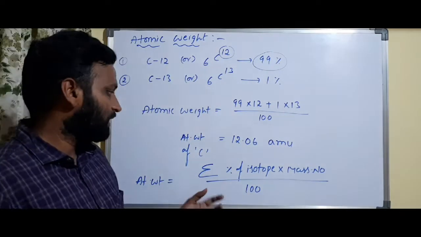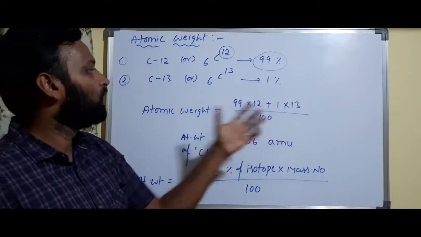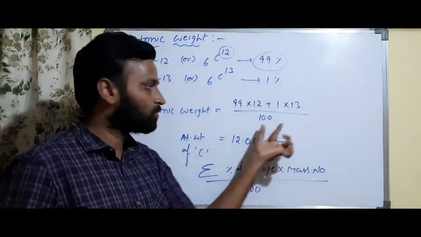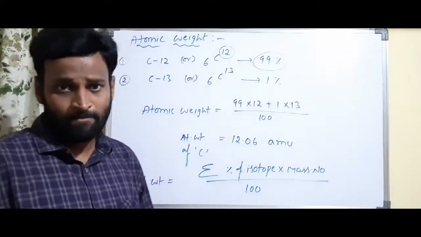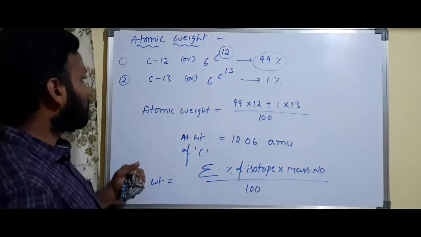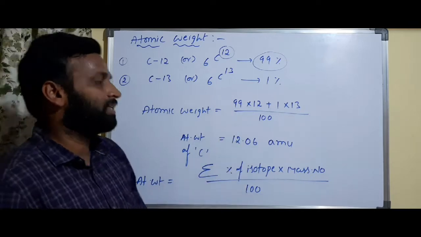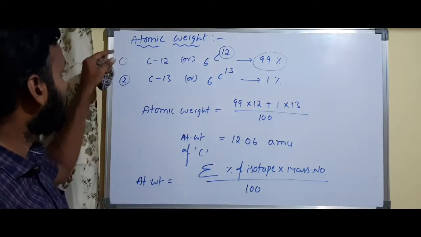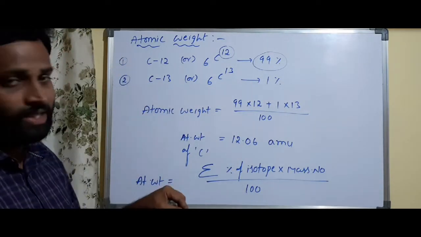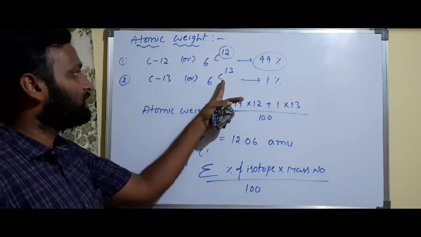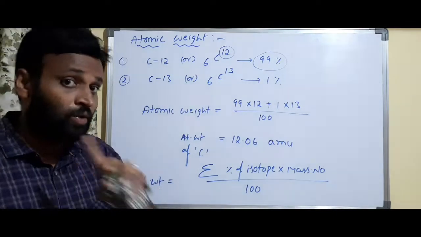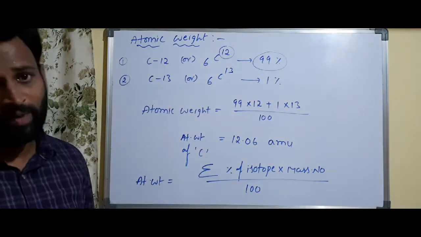Why did we take the summation? If two isotopes are there, or three isotopes, you add them up, divided by a total of 100% if they give percentages. So here we calculated the atomic weight of carbon. Carbon is available as two isotopes, C12 and C13. You have no need to consider the atomic number for atomic weight.